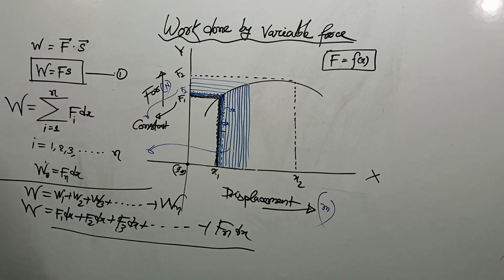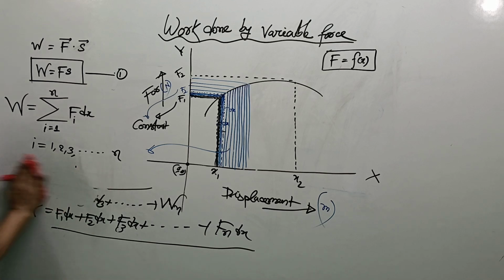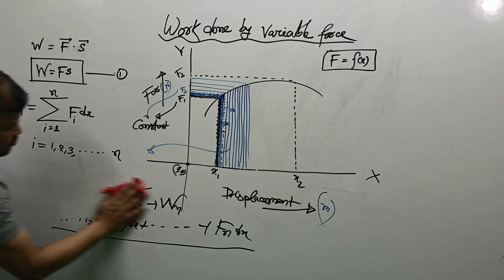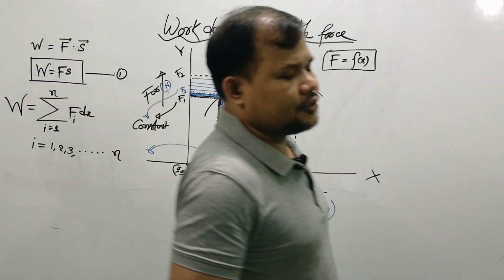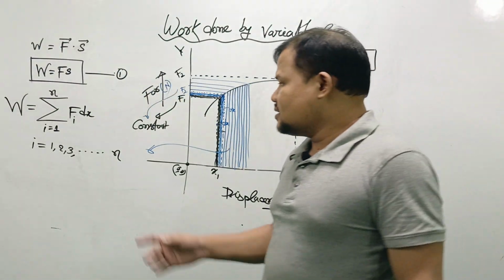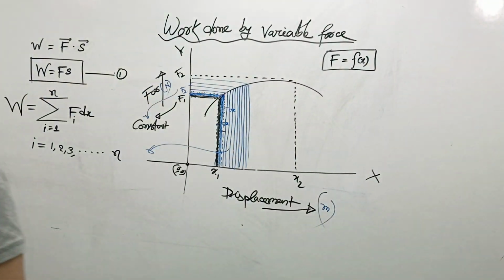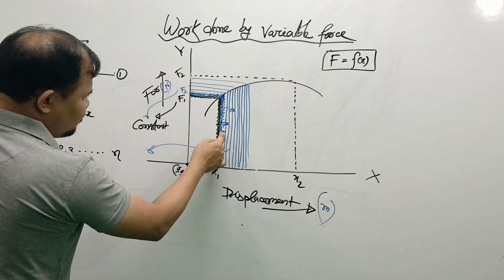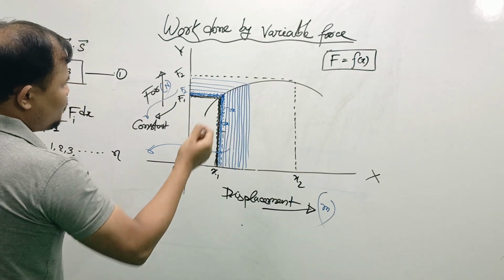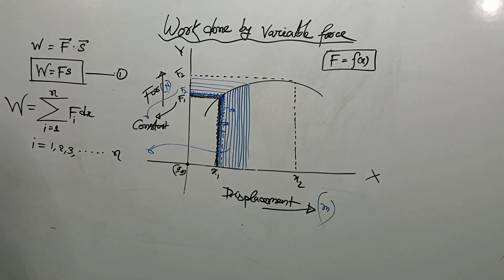Now our duty is to write this equation again as the summation of Fi dx, the summation of every very small part. As we sum very small parts, very small displacements, the work will be very small.